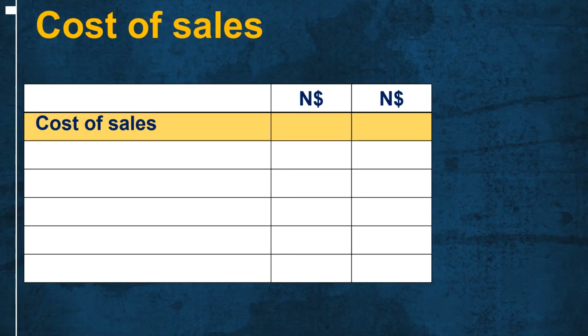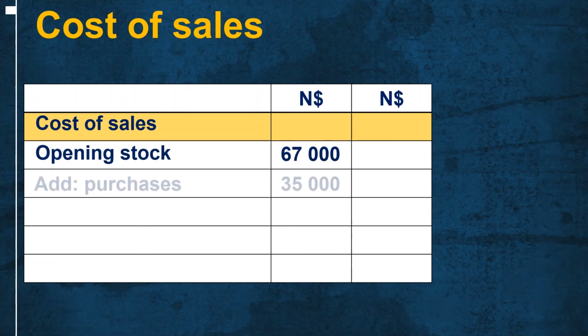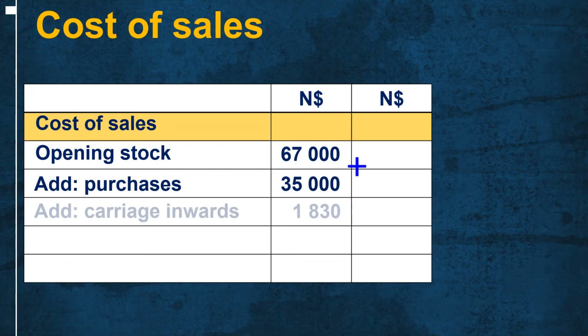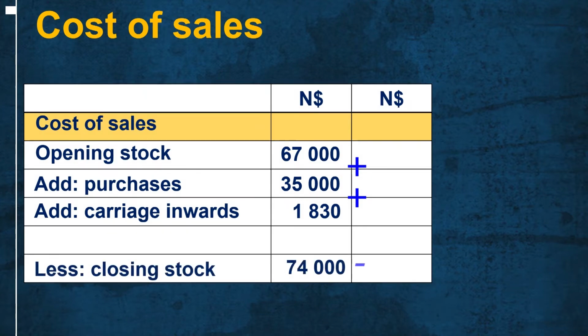To calculate cost of sales, we are going to take the opening stock of 67,000 Namibian dollars, add purchases of 35,000 Namibian dollars, add carriage inwards of 1,830 Namibian dollars, less the closing stock of 74,000 Namibian dollars. Therefore, the cost of sales is 29,830 Namibian dollars.